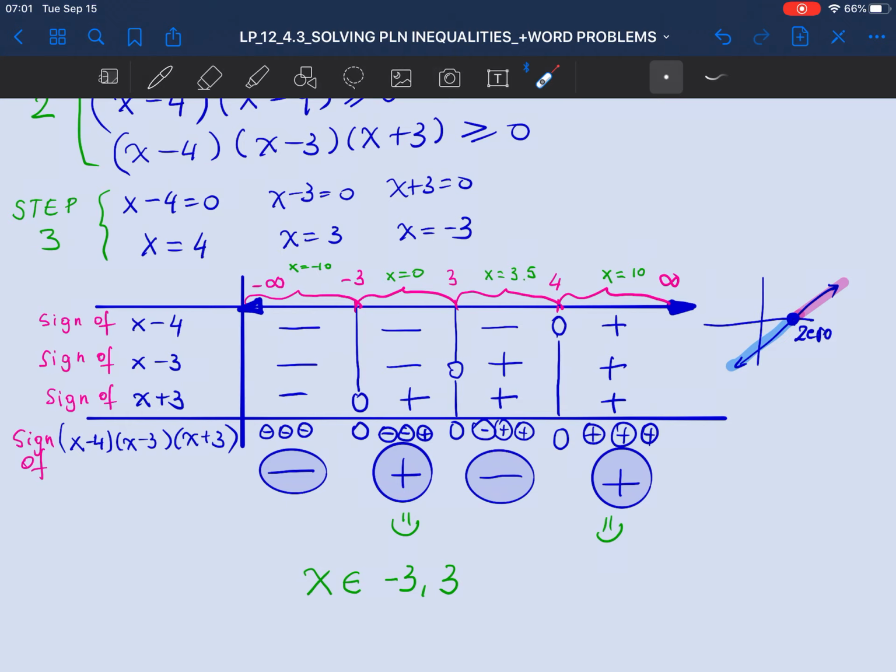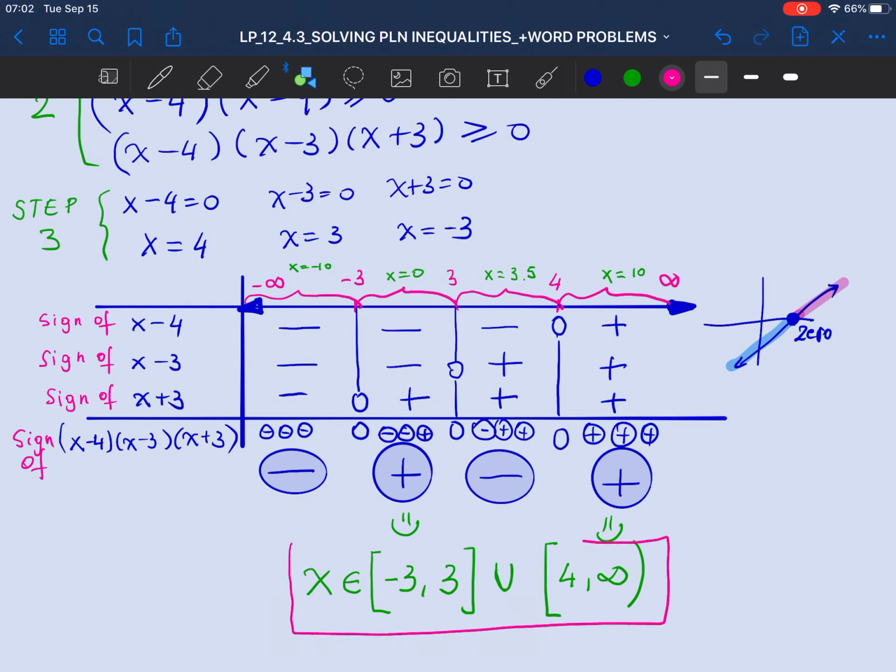And we also want the product to be 0 as well, because it's bigger than or equal to 0, which means we'll include the ends, joined by x can be from 4 to infinity. And we do want the 0 as well, so we'll square bracket the 4. And there we go. This will be the solution to this inequality.